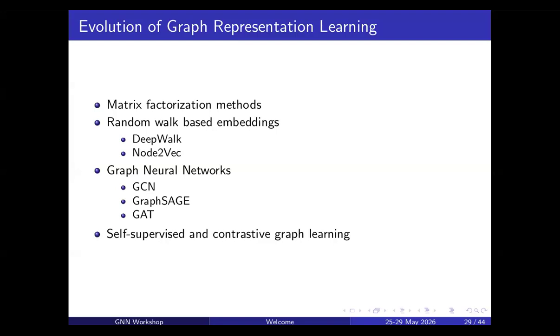So you will get different walks and take them as different sequences of words, as in text. The random walks will be different sentences, and nodes will be the words. So you will get different sequences of words.